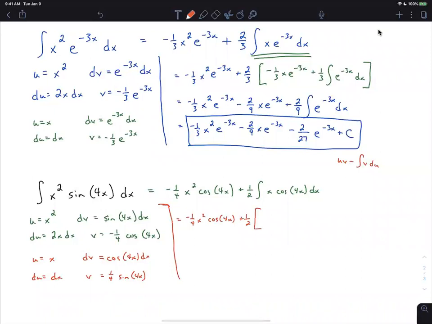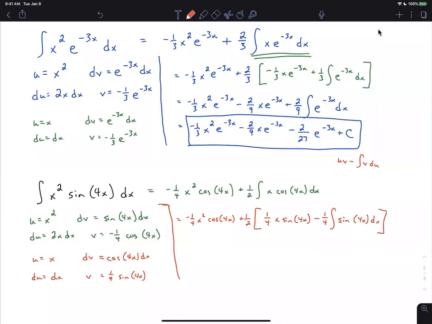And so the integration by parts formula now is uv, that's 1/4 x sine of 4x, minus, and then v du, we're going to pull the 1/4 out, and then the integral of sine of 4x dx, and all of that's in those brackets.